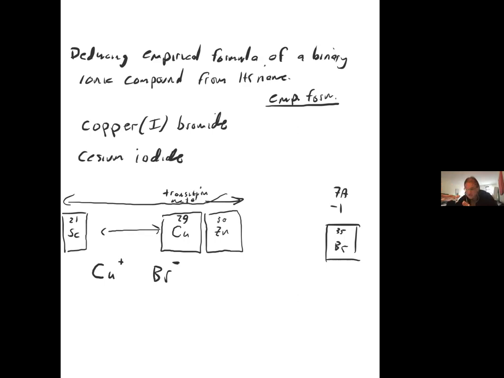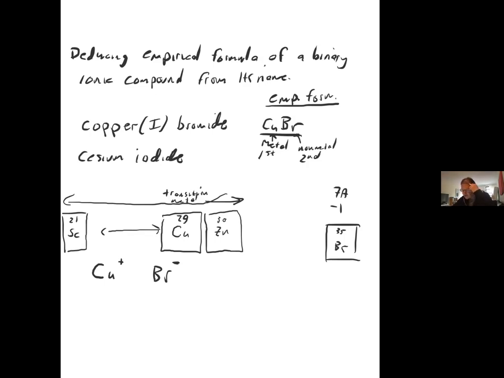If they're equal to each other, you can just write the formula. You don't need to have 2 or 3 of them, right? The positive balances the negative. So you just write it as Cu. Write the metal first and then the non-metal. So for ionic compounds, you write the metal first and then the non-metal second. And there you go. There's your chemical formula. Okay. So copper 1 bromide is CuBr.